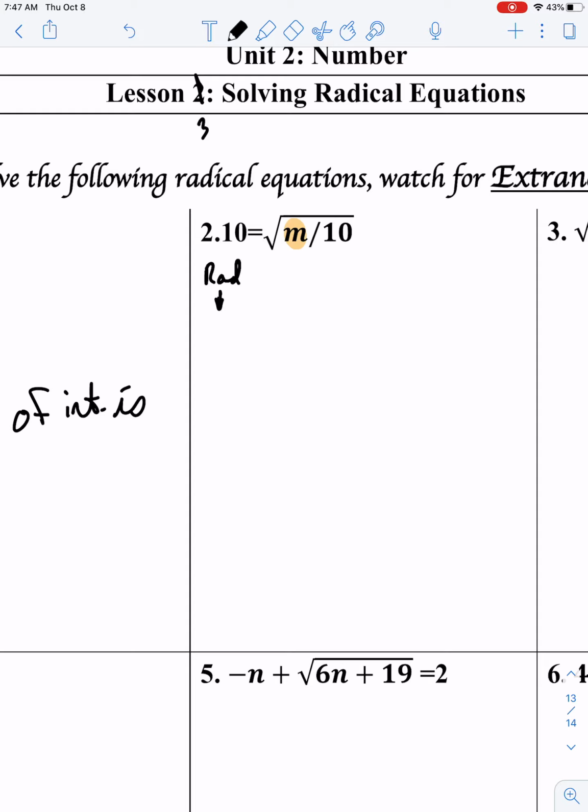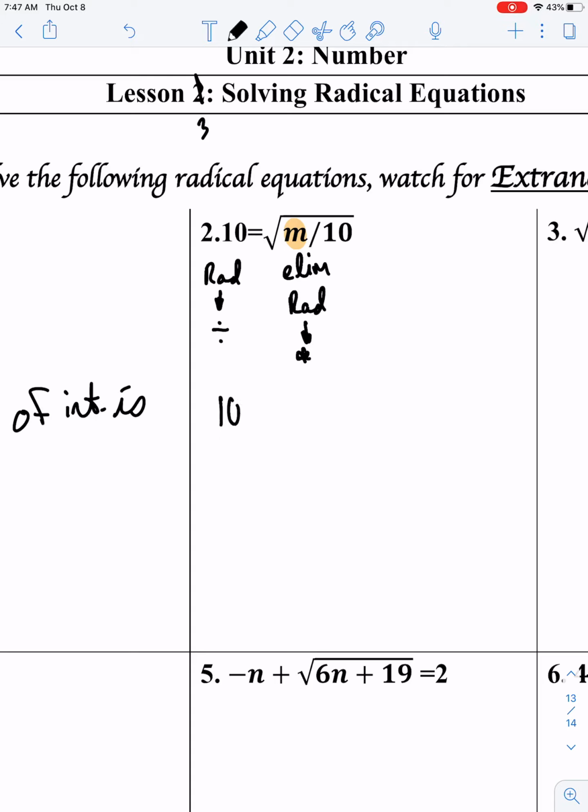After I take care of the radical, what's being performed is division, and that's it. So I'm going to undo it. I'm going to eliminate the radical. After I eliminate the radical, I'm going to multiply.